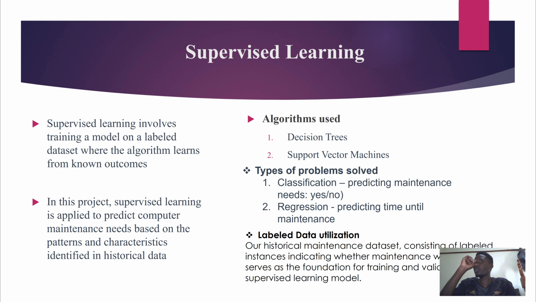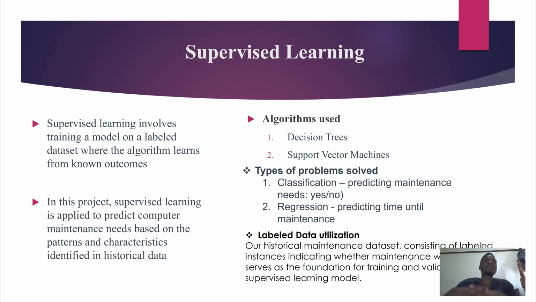So we are going to use this supervised learning model so that it's able to label data sets where algorithms learn from a known outcome. So in this project, supervised learning is applied to predict computer maintenance needs based on the patterns and characteristics identified in the historical data.